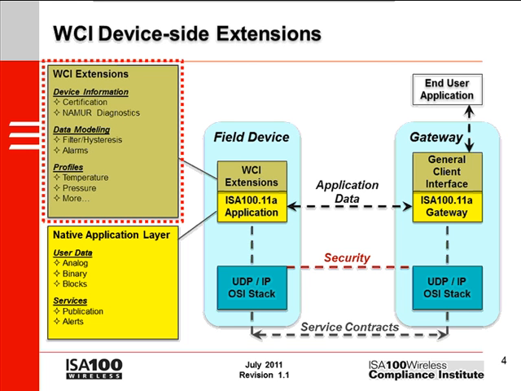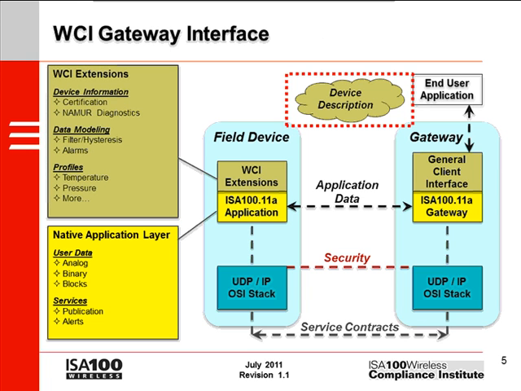And they include some profiles, starting with temperature and pressure, and with more to come. To complete the picture, WCI has adopted device description files based on conventions established by Foundation Fieldbus. Device descriptions are files that describe the capabilities and data structure of devices. We will discuss that in more detail later.